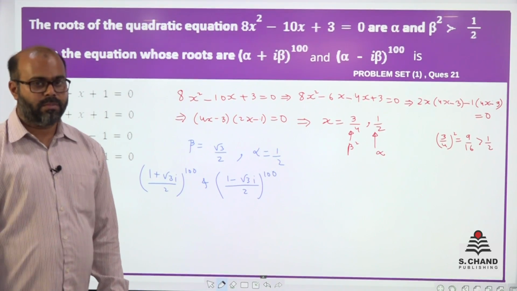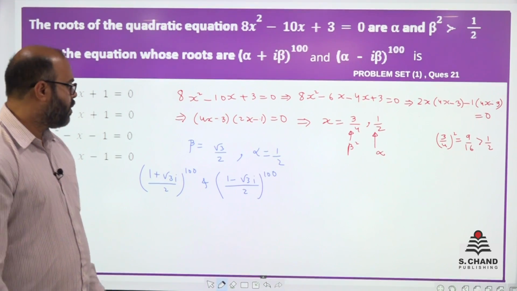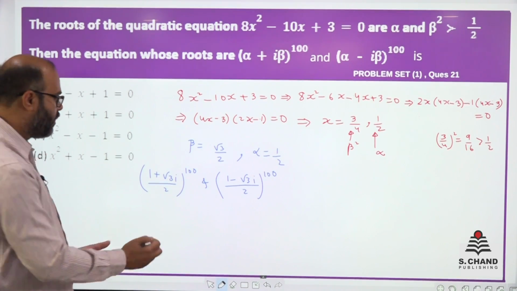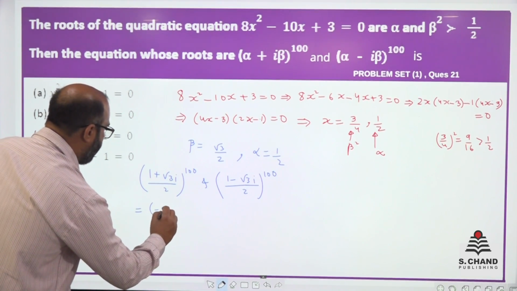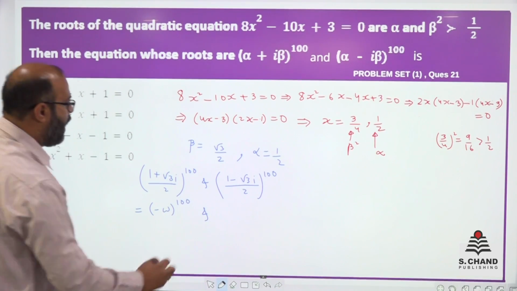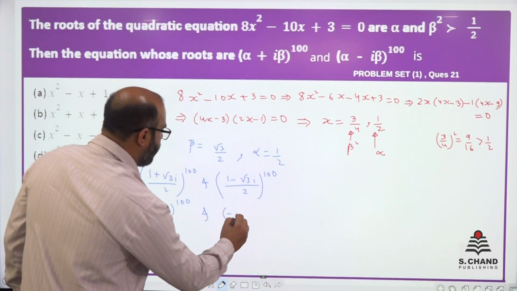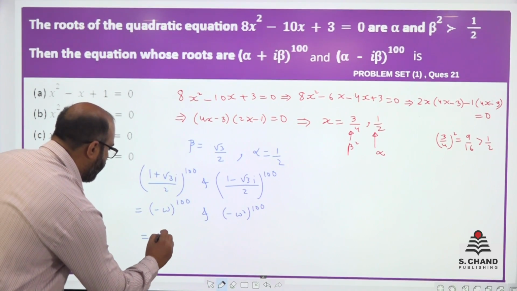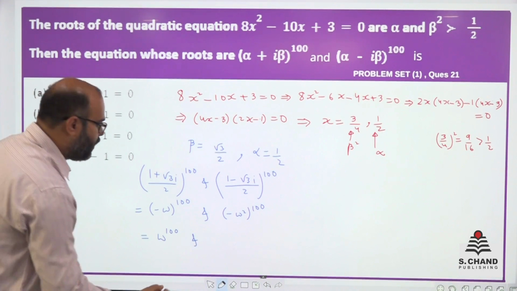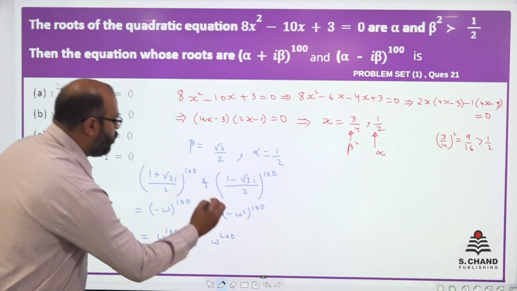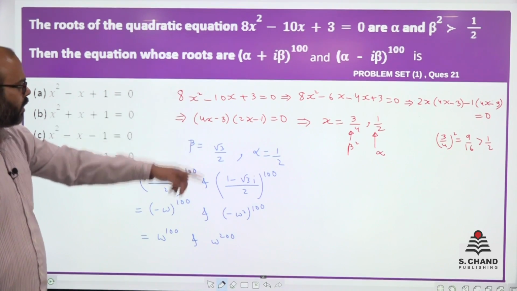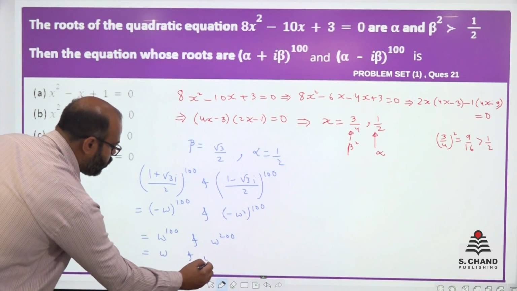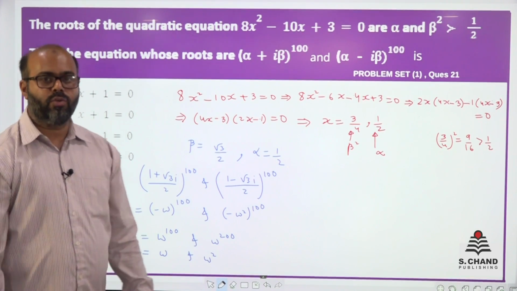If you remember complex numbers which we did in the previous session, this is actually, if you observe or absorb the minus sign in it, minus omega to the power 100, and here this is actually minus omega square to the power 100. So this can be written as omega to the power 100 after absorbing the minus sign, and omega to the power 200. So these are the two roots. Omega to the power 100 is finally omega. Omega to the power 200 is omega square, as we know that omega cube is 1.